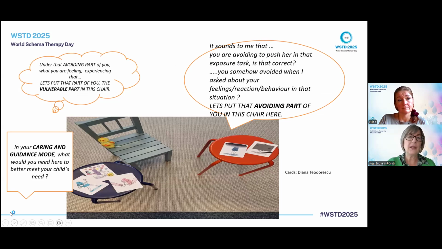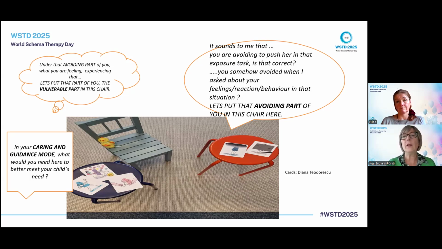Here at the left side, I have a chair symbolizing the caring and guidance mode or healthy adult mode. We would investigate, for example, what would you need here to better meet your child's needs? What resources do you already have, and what kind of things do you need more? And on the right side, there is this red chair symbolizing the avoiding mode.